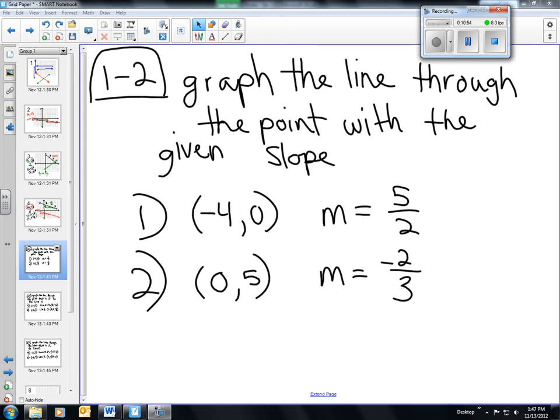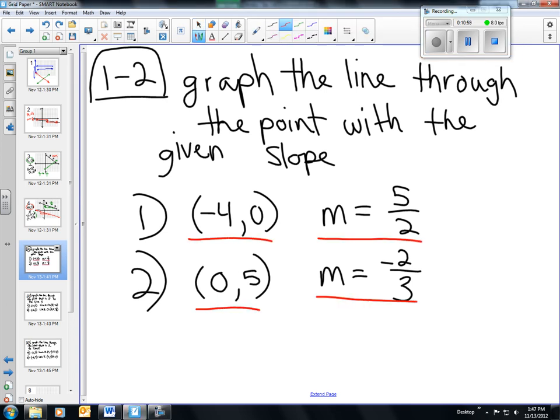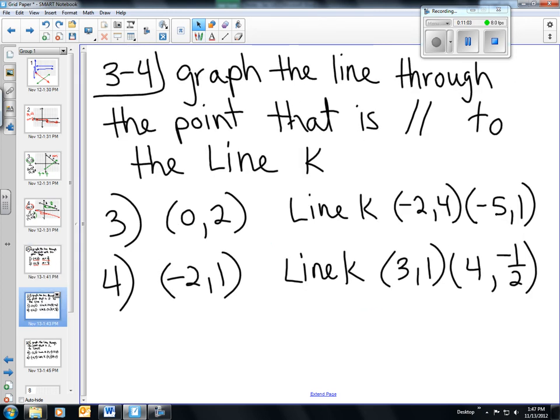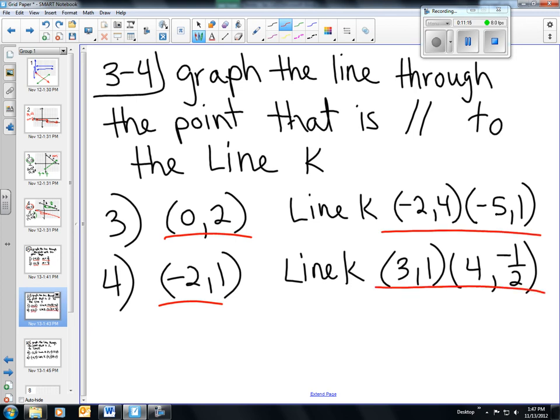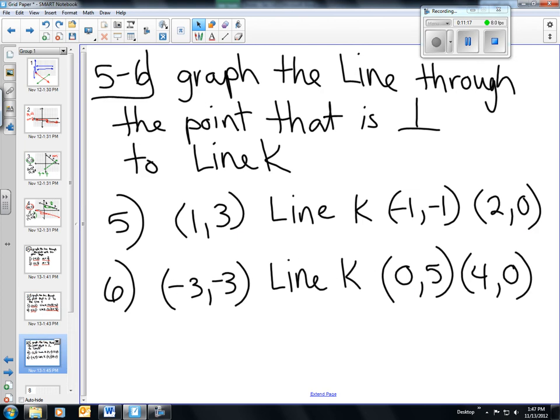So it has to have first the given point, and then using that slope, graph the line that would run through there. For numbers 3 and 4, you're going to graph the line through the point that is parallel to the line K. So here's the point that we're passing through, and then this is the line K here. And then for numbers 5 and 6, graph the line through the point that is perpendicular to the line K. So these are the points that we're passing through, and these are the line K.